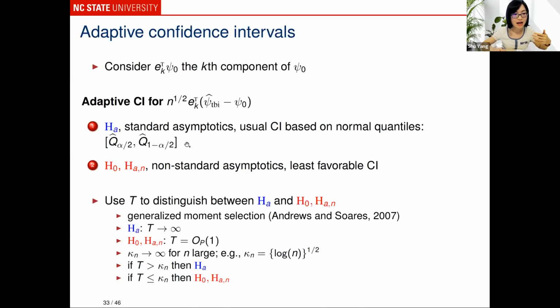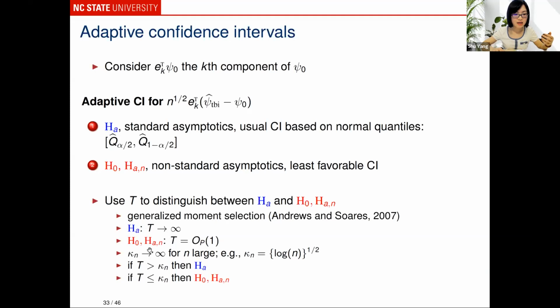And then the question is how we're going to differentiate the two scenarios. So we use the test statistic T to distinguish between the first one and the second one. Because for the first scenario, we can show that T goes to infinity as the sample size increases, while in the second scenario, T is a big O_P(1) term.